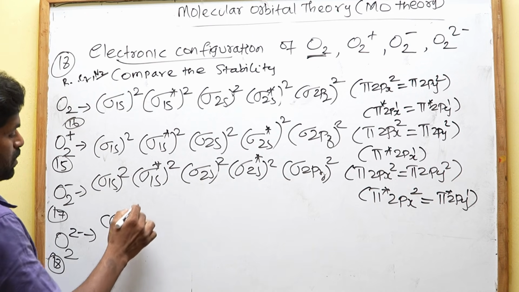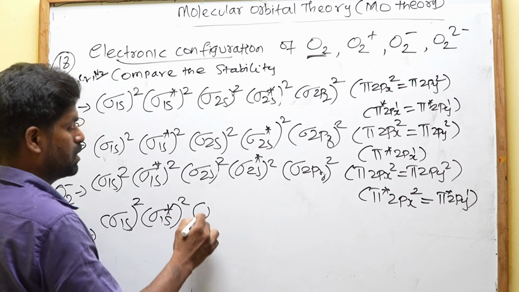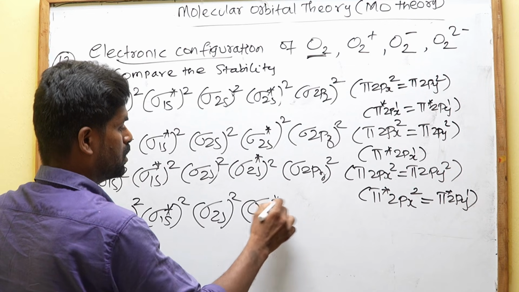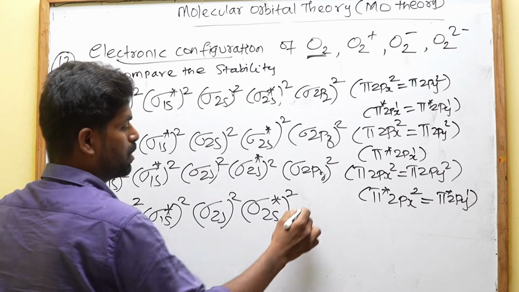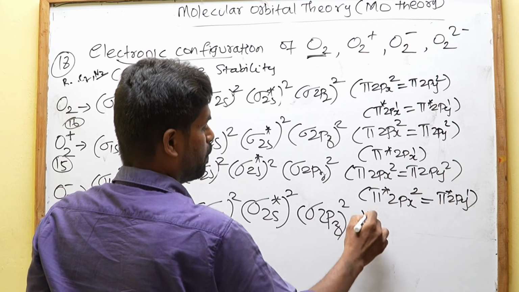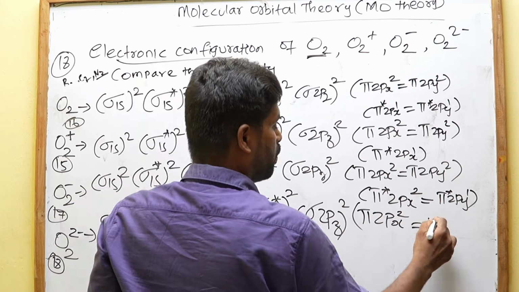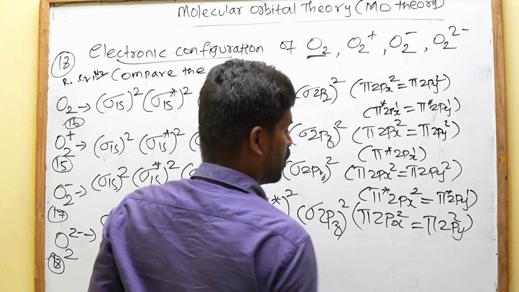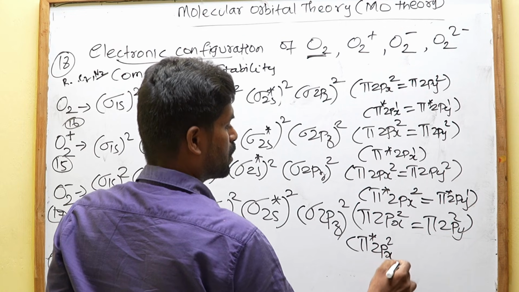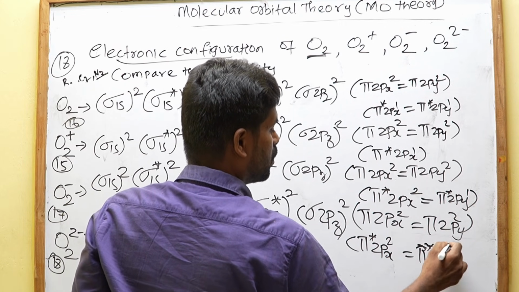Sigma 1s 2 electrons, sigma star 1s 2 electrons, sigma 2s 2 electrons, sigma star 2s 2 electrons, sigma 2pz 2 electrons, pi 2px 2 electrons, pi 2py 2 electrons, pi star 2px 2 electrons, pi star 2py 2 electrons.